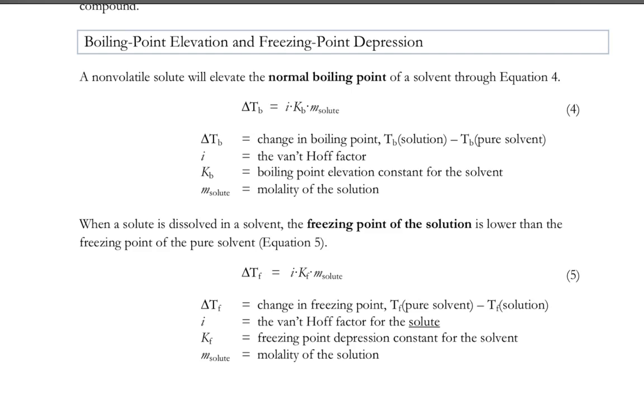So it's very similar to equation 4 in how it looks, but of course delta T sub F is describing the change in freezing point, the freezing point of the pure solvent minus the freezing point of the solution. i, same Van't Hoff factor. K sub F is the freezing point depression constant for the solvent. So it has to do with, just like the boiling point one does, the solvent, but this is the freezing point constant. So it would have a different numerical value than the boiling point constant. And then m solute is the same. It's the molality of the solution.